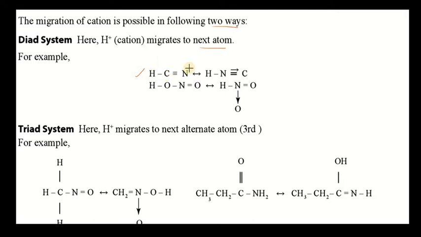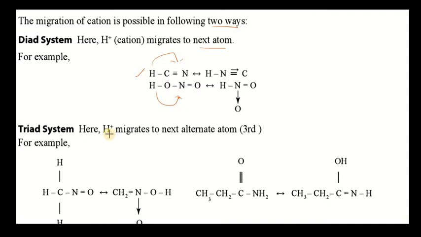From carbon to nitrogen, there is a resonance structure given. Entirely, this hydrogen goes towards nitrogen. Here in HONO, the hydrogen is on this oxygen, so it goes towards nitrogen. In this case, this is called a diad system. That means two atoms are involved.